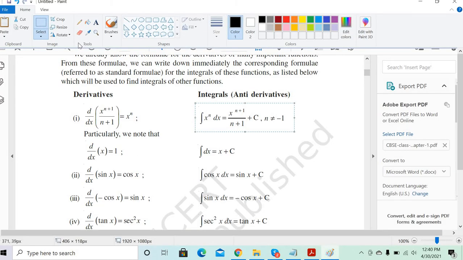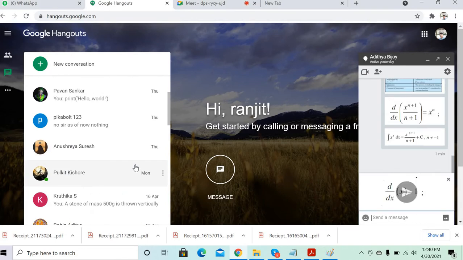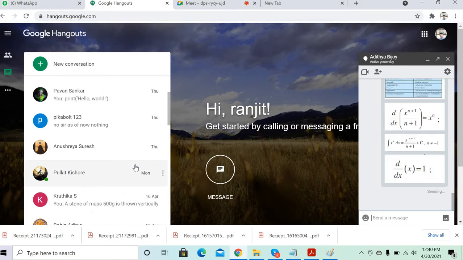Good. Similarly, what is the differentiation of x? d by dx of x power 1: use the formula n into x power n minus 1. So 1 into x power 1 minus 1, which is x power 0, and x power 0 is nothing but 1. So 1 into 1 is 1. Correct? Understood this part? Now similarly, 1 is the output of differentiation of x.